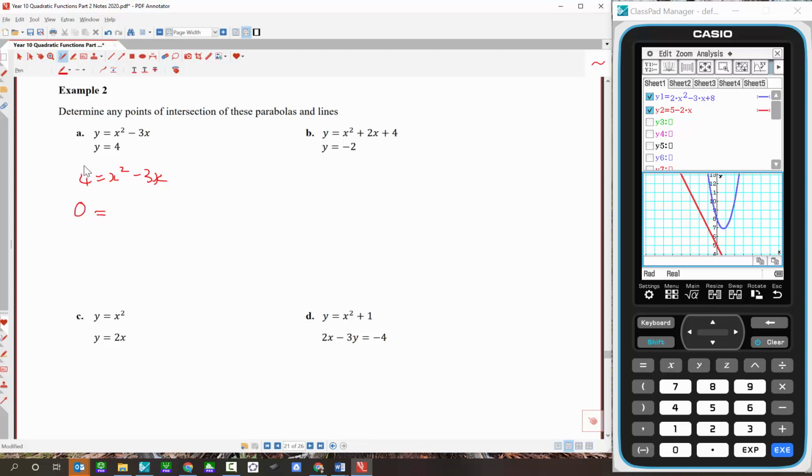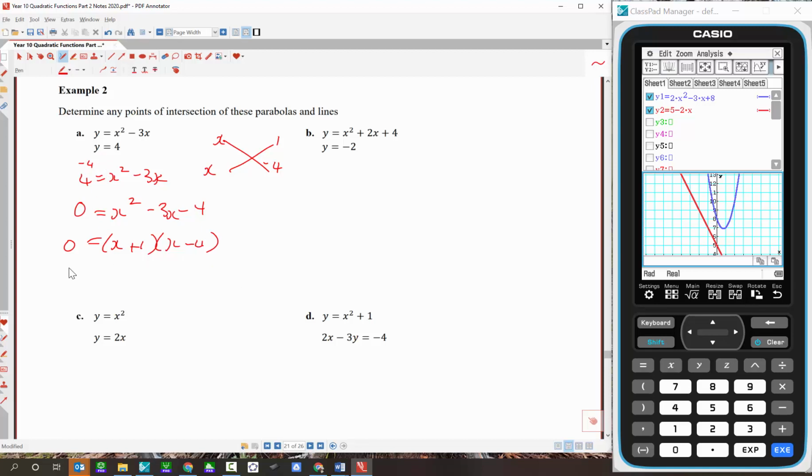So I'm going to subtract 4 from both sides: x squared take 3x take 4. And now the eternal optimist in me will say, let's try the cross method on this. And that is going to work for us nicely. So x plus 1, x take 4.